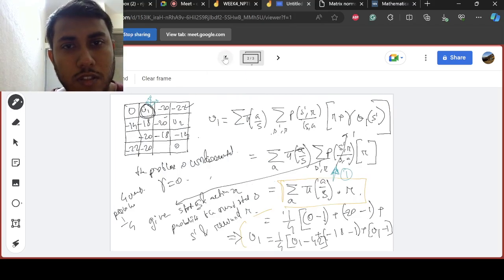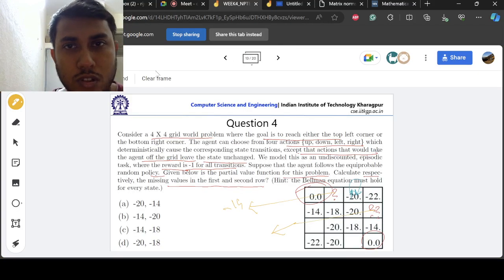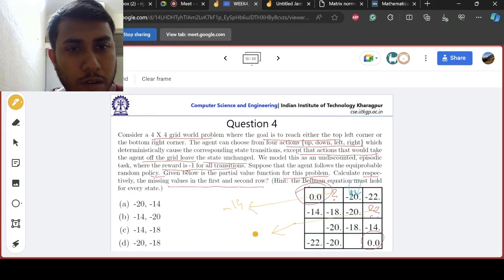So this value will come down to minus 20.